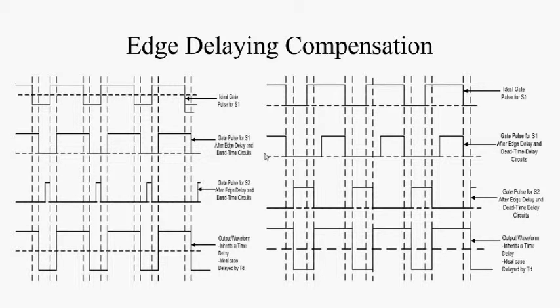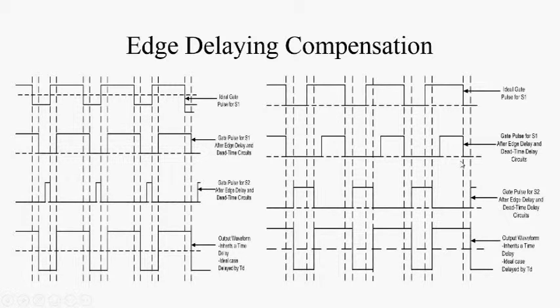As shown in the figure, the proposed method uses the edge delaying method because it requires less processing power, less memory, and the resource allocation will be far better than the other methods. The left side figure is for positive current direction and the right side figure is for negative current direction.